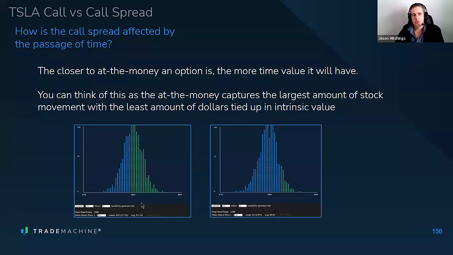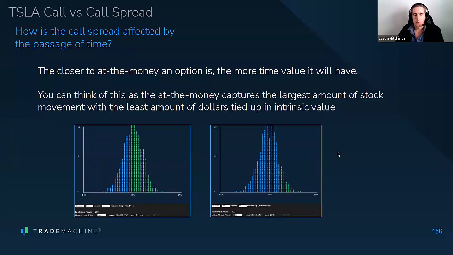And so if you paid for the time value, we know that time value is going to go to 0 by expiration. Both time values are going to go to 0, but the one that you own, the at-the-money option, has more time value to lose.